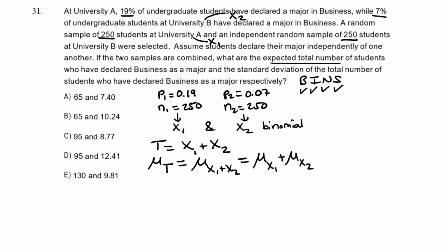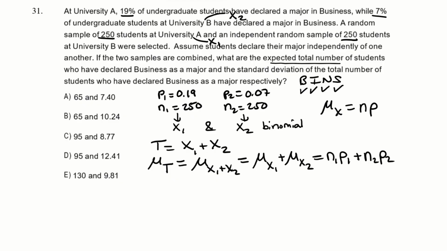What's the expected value of a binomial random variable? Well, that's given in your AP formula sheet, and it's n times p. So here we have n1 times p1 plus n2 times p2 because you have for 1 and for 2. And we can just plug in the numbers.